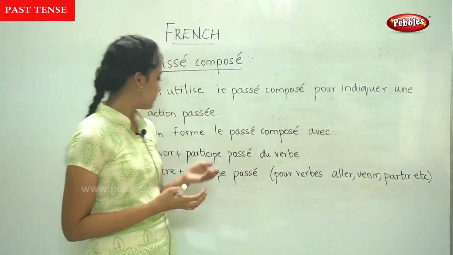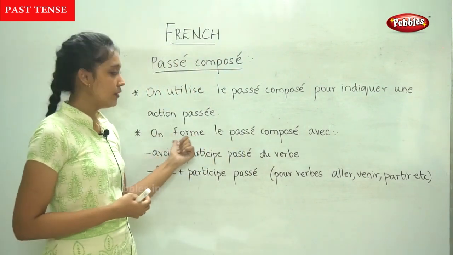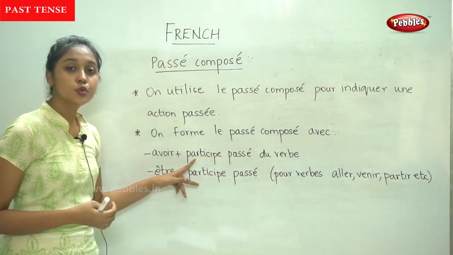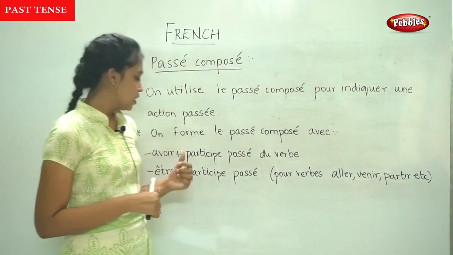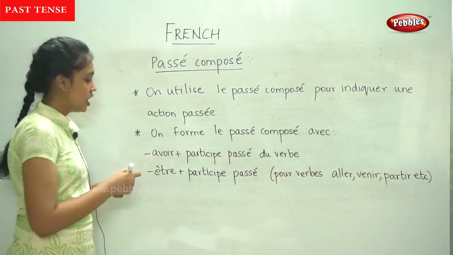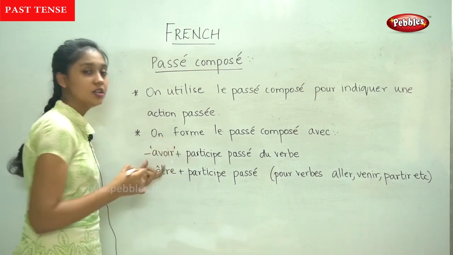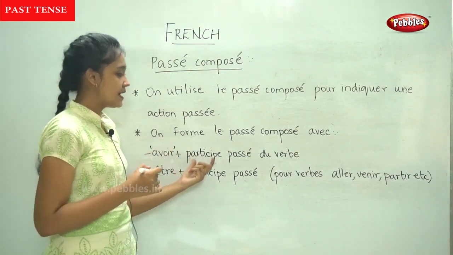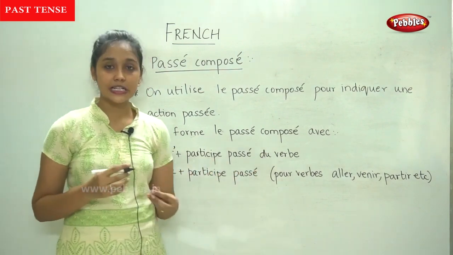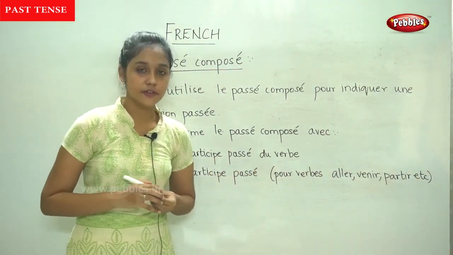That is the past tense. So on forme le passé composé avec, so we have two rules for passé composé. We either use avoir. When I say avoir, it is the avoir conjugation plus the participe passé du verbe, the past participle of that particular verb.